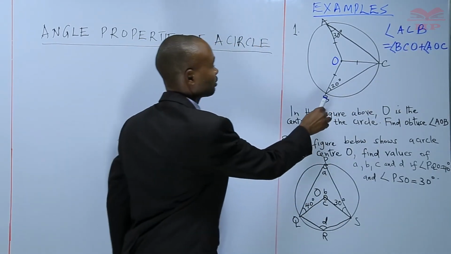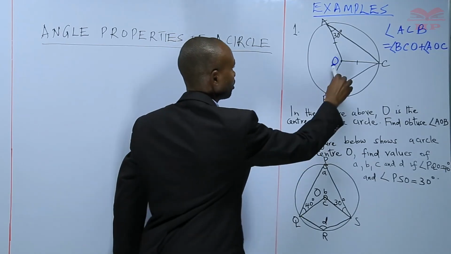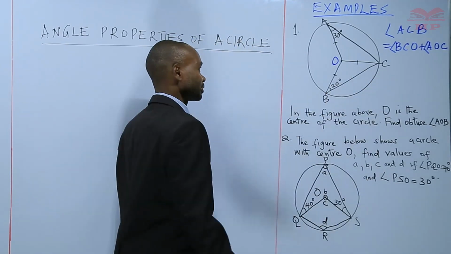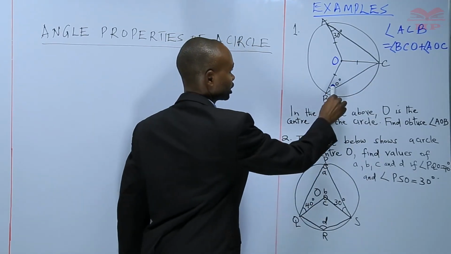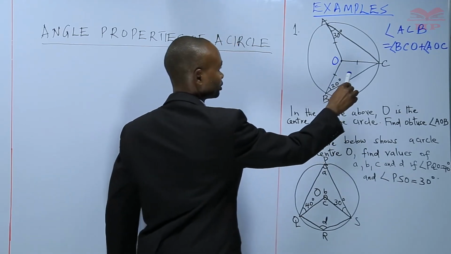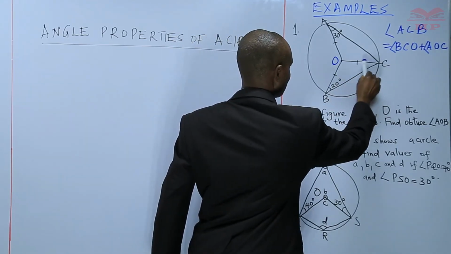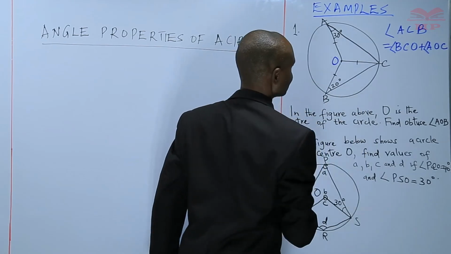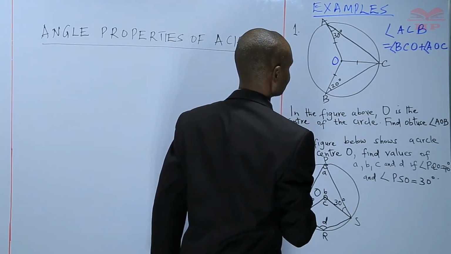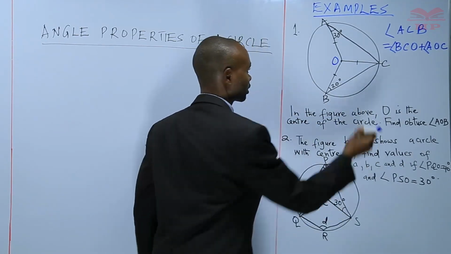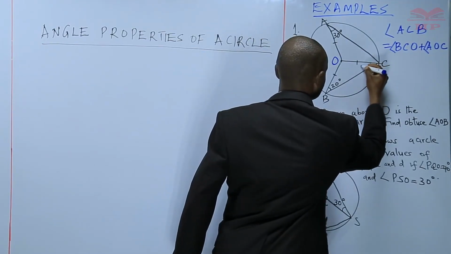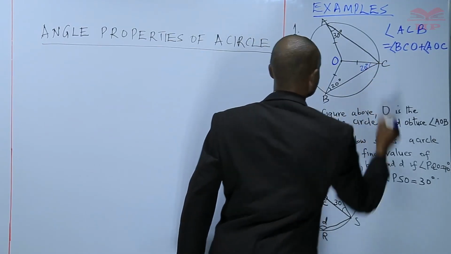So if we look at the first isosceles triangle, BOC, this 20 degrees is equal to angle OCB or BCO. So the value here will be 20 degrees.